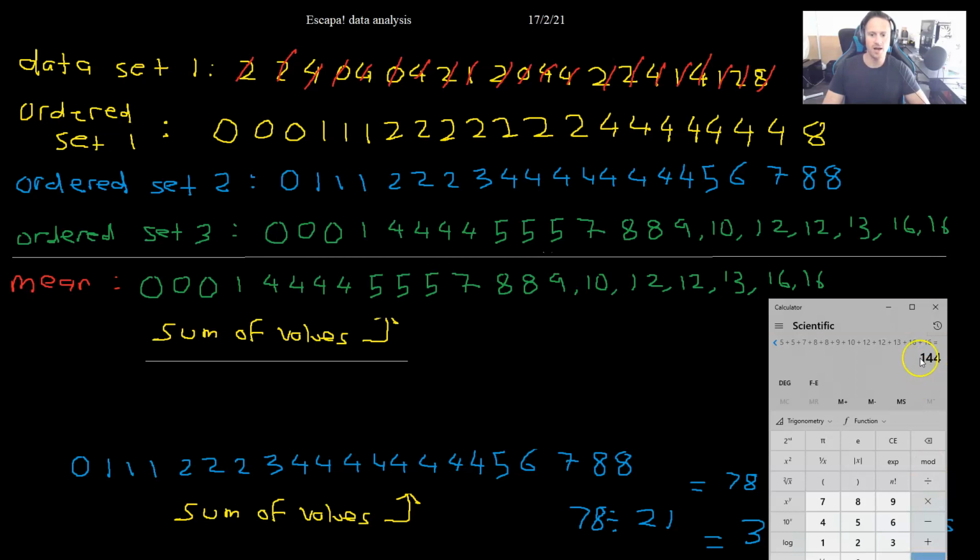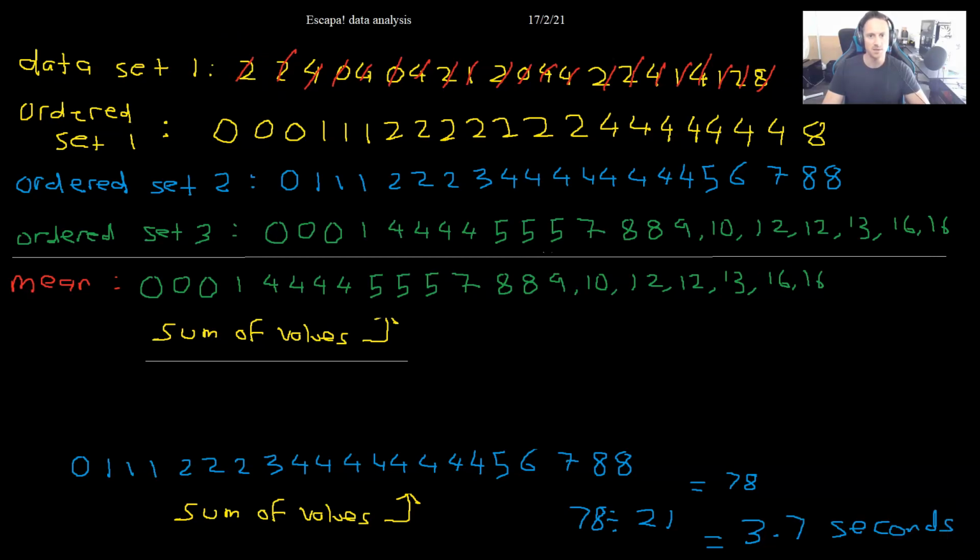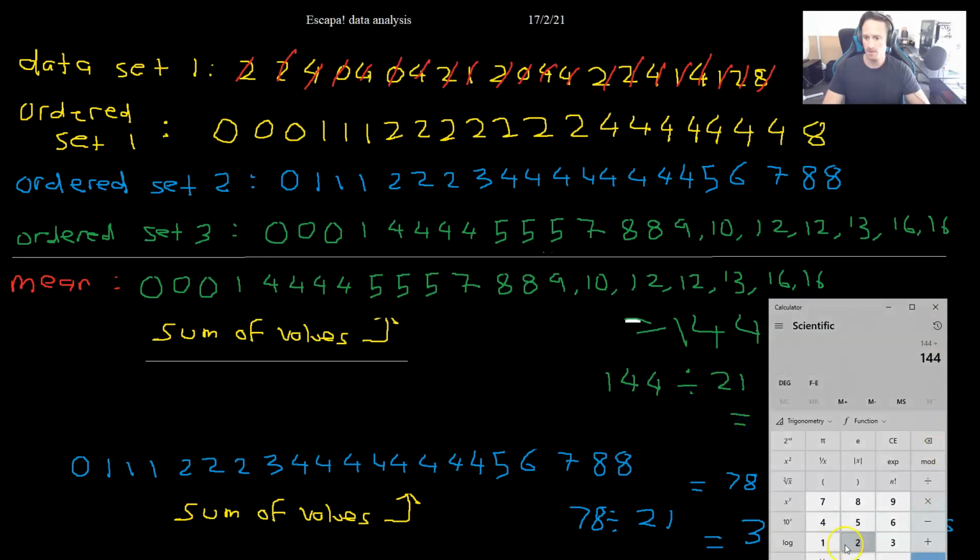So that ends up being 144. So my sum is going to be 144. And then to calculate the mean, 144 divided by 21, because there's 21 values, that's going to give me a mean of 6.85.